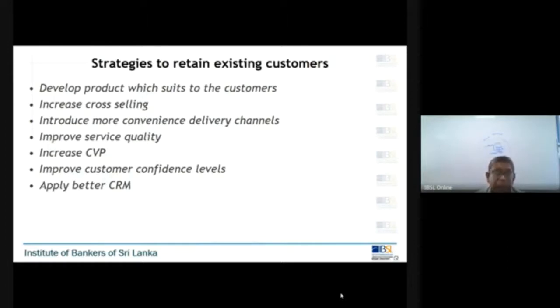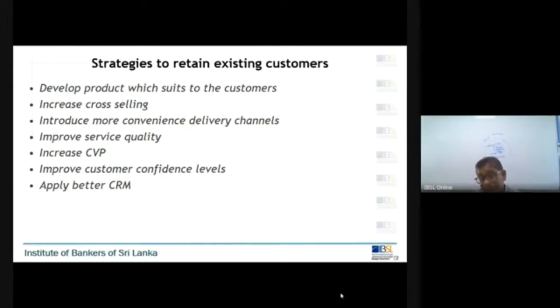Right? First. Second, increase cross-selling. Now, what is cross-selling? Cross-selling means selling yet another product to your existing customer. What is upselling?